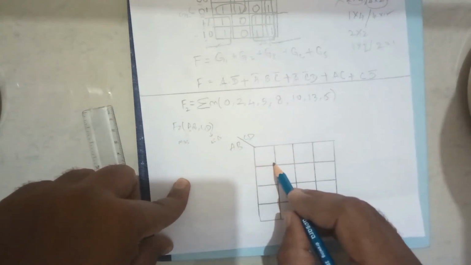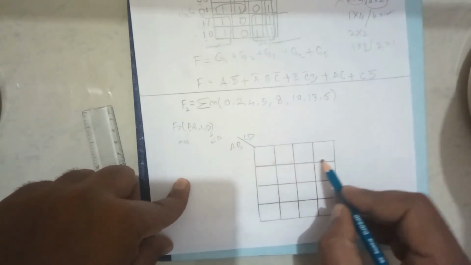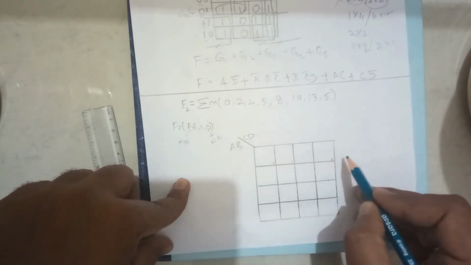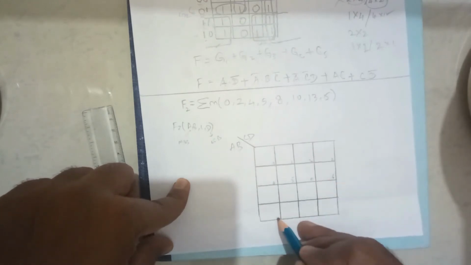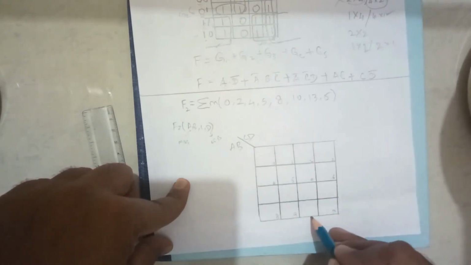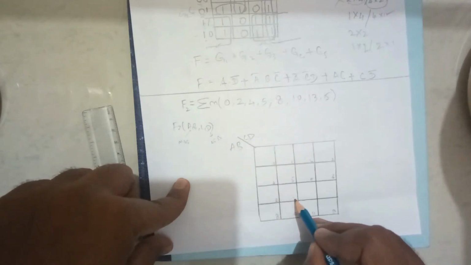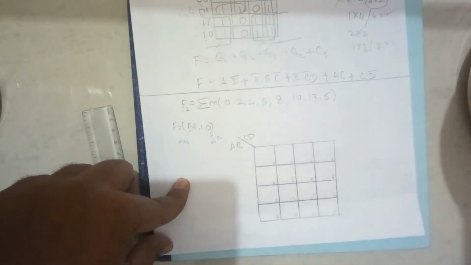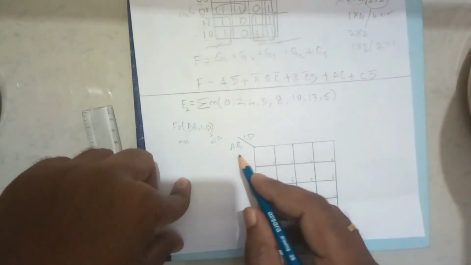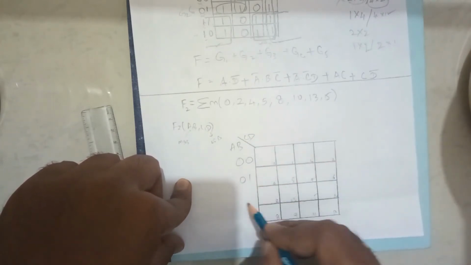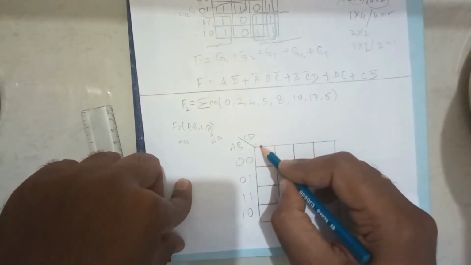Okay, hence this particular position is meant for 0 and this position for 1, this cell is meant for 1, this one is 2, 3, 4, 5, 6, 7, 8, 9, 10, 11, 12, 13, 14, 15, right? If I do like this, the positions based on the min values, that is 0, 0 means the corresponding values will be 0 0, 0 1, 1 1 and 1 0, 0 0, 0 1, 1 1 and 1 0. These are the positions I will get.